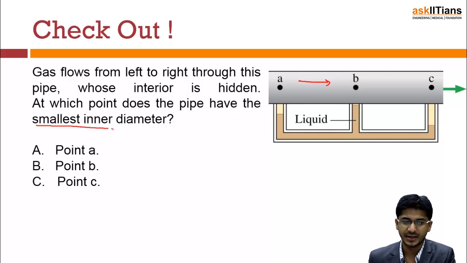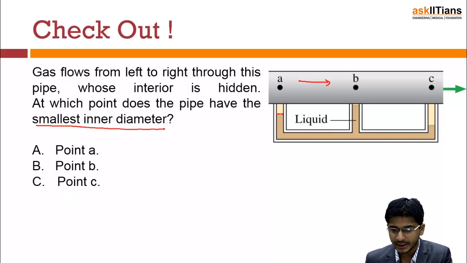Now the liquid is at a certain height here, and at certain heights here and here. Since these are all the same liquid, the pressure acting at this point is the same.